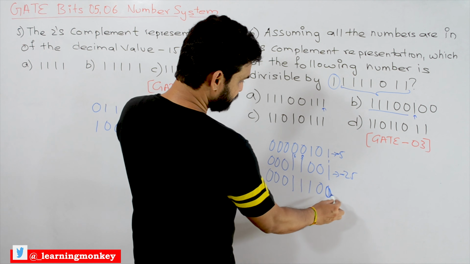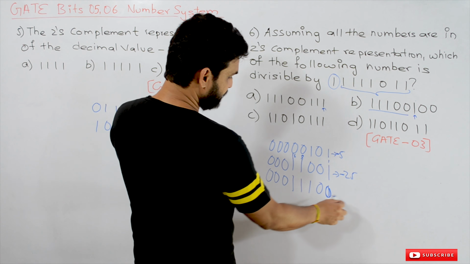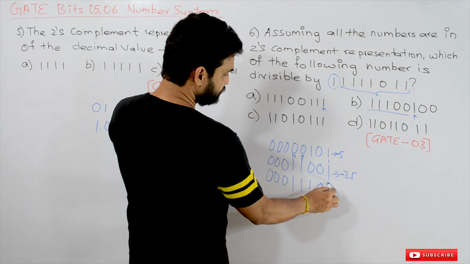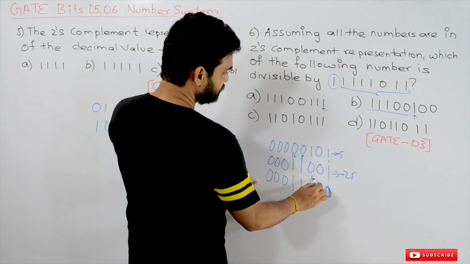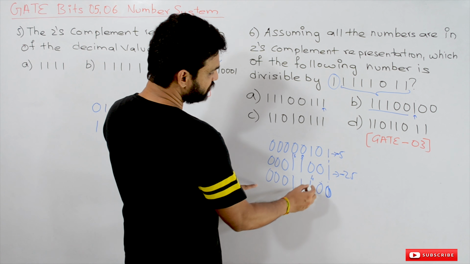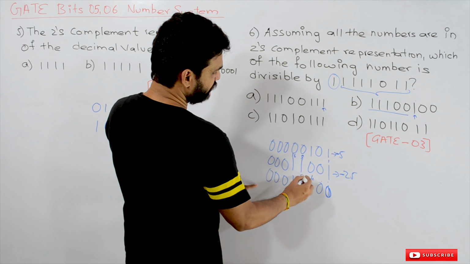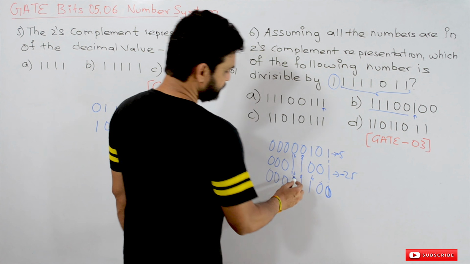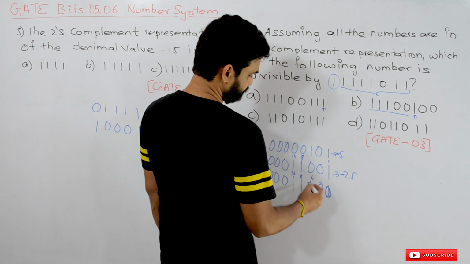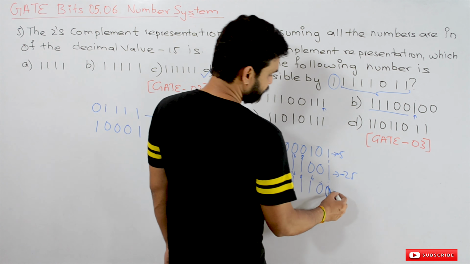What is the decimal equivalent? 2 squared is 4, then 8, then 16. 16 plus 8 is 24, plus 4, it is 28.